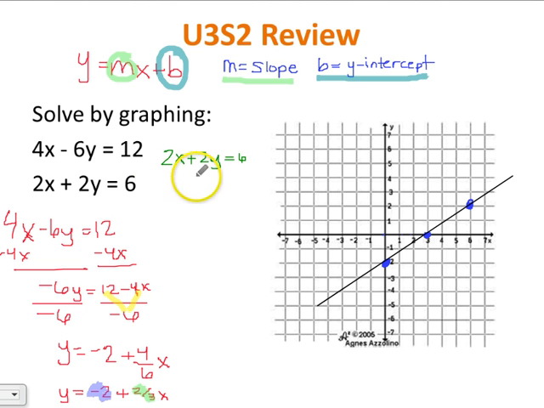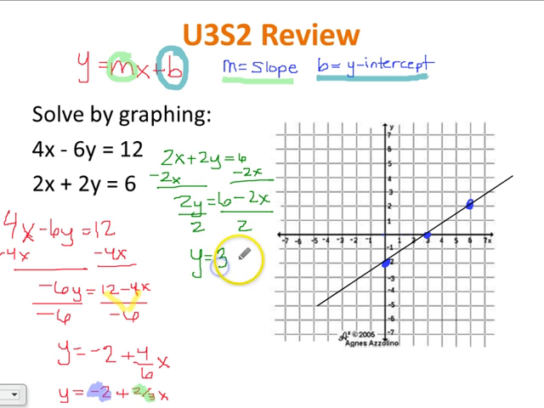We need to solve for y, so we subtract 2x from both sides. We get 2y equals 6 minus 2x, divide each side by 2. Remember, we're dividing each term on the right by 2. So 6 divided by 2 is 3, and negative 2 divided by positive 2 is negative 1, so we would have negative 1x, so I can just put negative x.